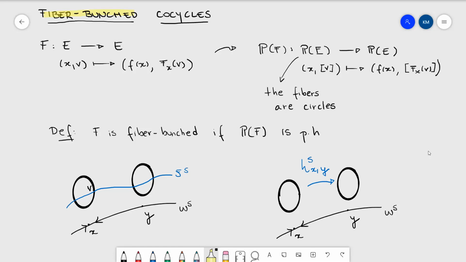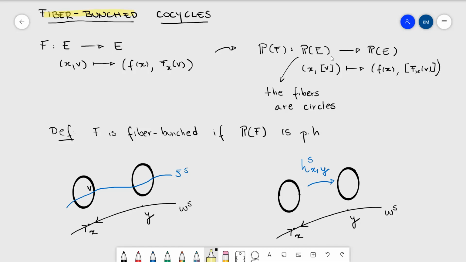So what I'm doing here is I'm considering a new map that is defined in this fiber bundle. Now the fibers are circles. Remember that here the fibers were vector spaces of dimension 2, and I'm taking the projectivization of these fibers.